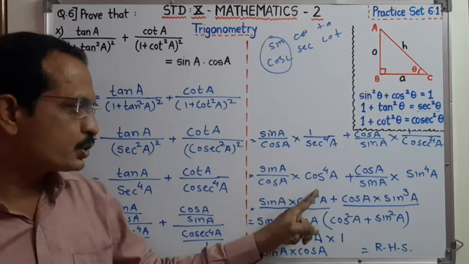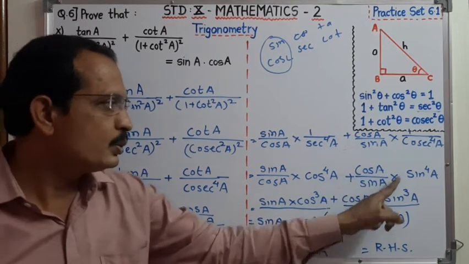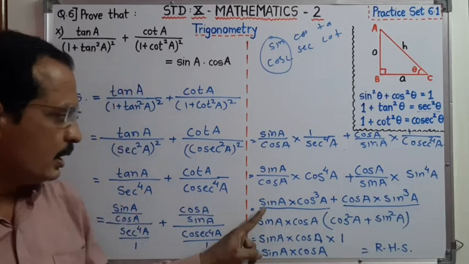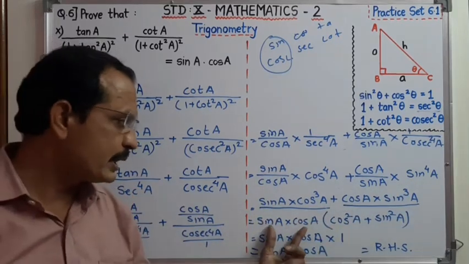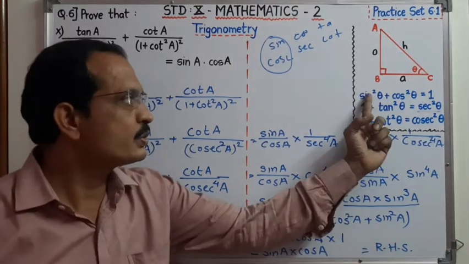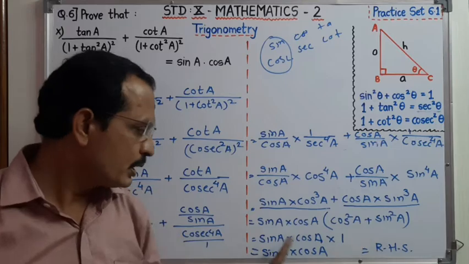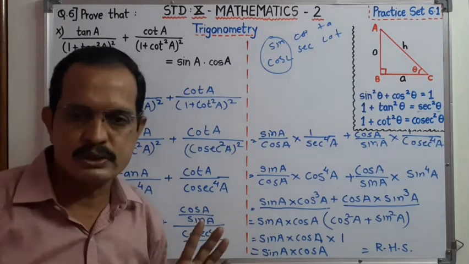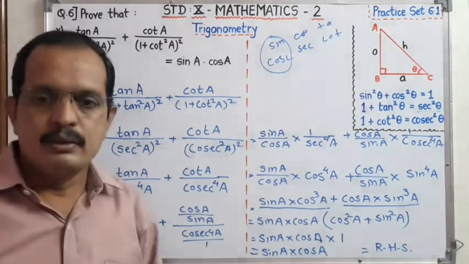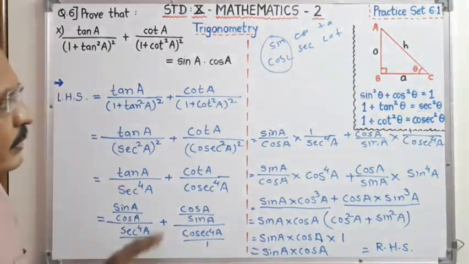Sin A into cos cube A plus cos A into this sin cube A is remaining because this one sin A gets cancelled. Therefore from this we have to take sin A into cos A common. We get here cos square A plus sin square A. Cos square A plus sin square A is equal to 1. Therefore we got sin A into cos A. Very simple. Go through this sum again and you will understand it very well. Right.